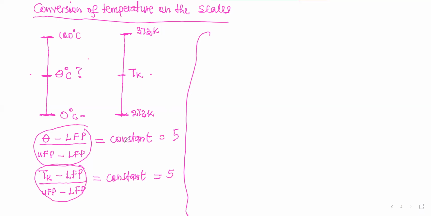So because they are all equal to a constant, then theta minus its lower fixed point for the first scale divided by the upper fixed point minus the lower fixed point is also equal to the ratio for the other scale.